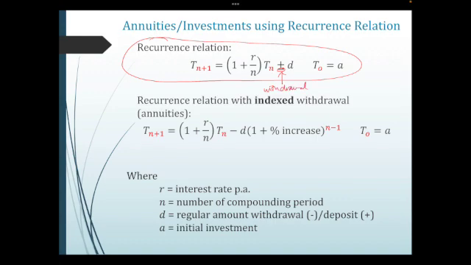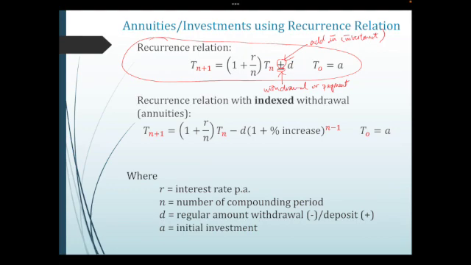So this is withdrawal, or negative, or whatever payment from the bank. Or you withdraw from the bank or the payment from the bank. Plus is when you add in. Say you have put a certain amount of money in initially, then every 3 months, you put extra money in. So that is for investment.